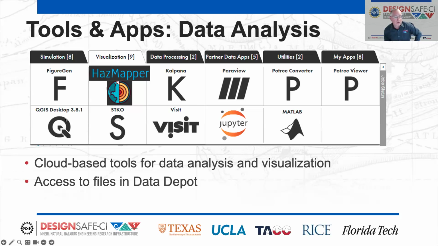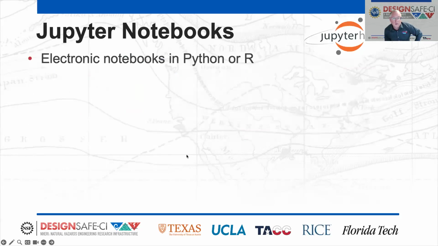QGIS, we don't have the licensed ArcGIS, but we do have the open source QGIS available to you, and Jupyter and MATLAB, Point Cloud Viewer with Potree. So various visualization and GIS capabilities are available to you there.